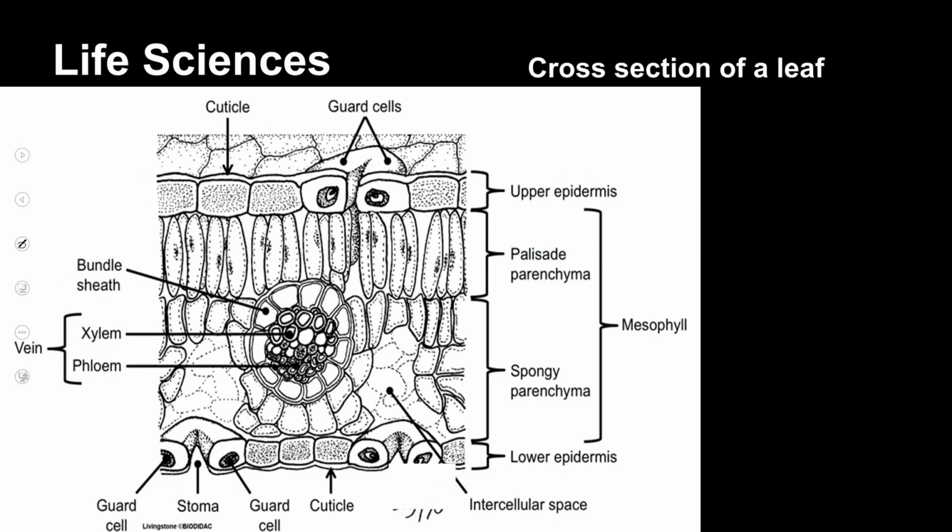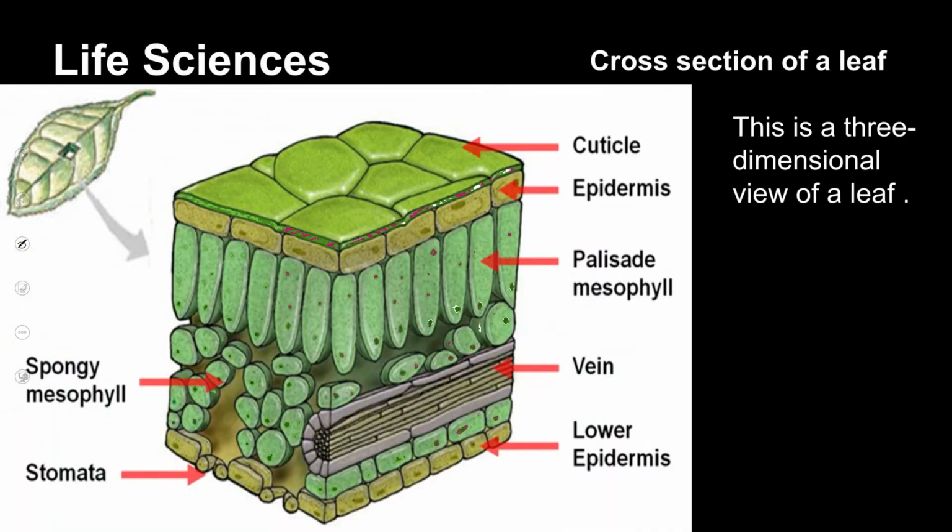And if we look at this diagram, this is the type of diagram you would probably see in some of your exams, where you would have to label the different parts and then explain what each of those parts actually does, what function it carries out. You might find that this diagram makes it a little bit easier for you to understand all the different parts of the leaf.